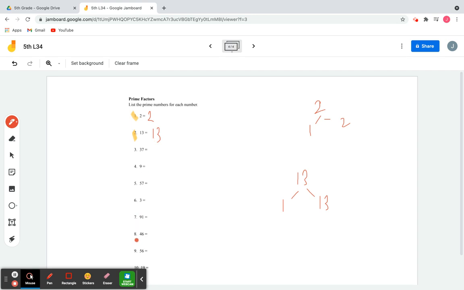For number 8, we have 46. And 46 is not a prime number because it is divisible by more than two numbers. Like we have the factors of 1 and then 2 and then 4.